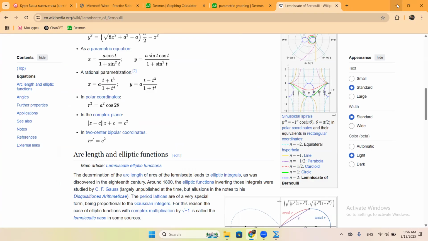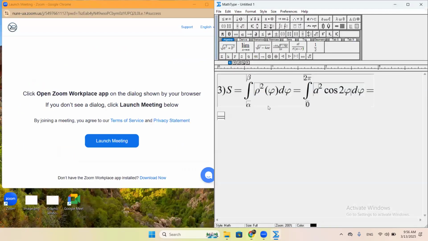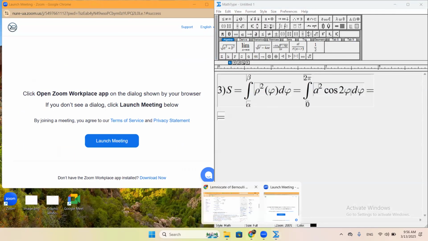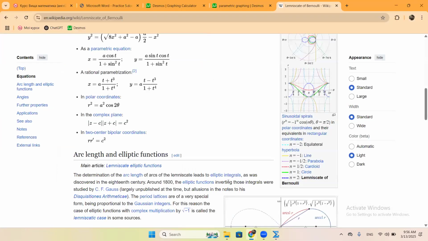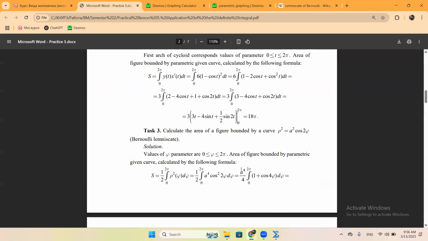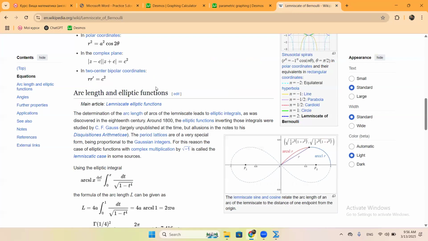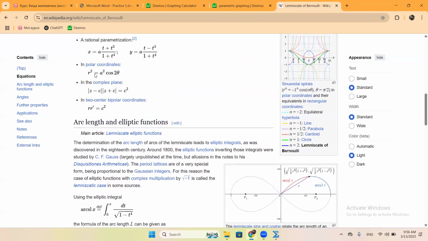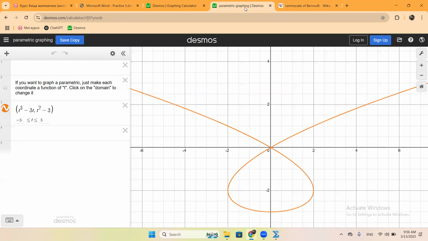It seems that this integral will be equal to 0. Just a moment.